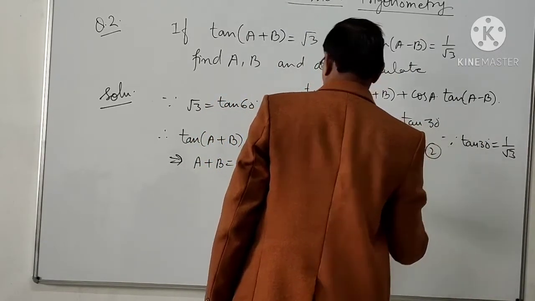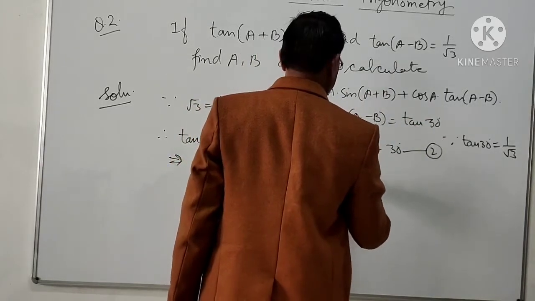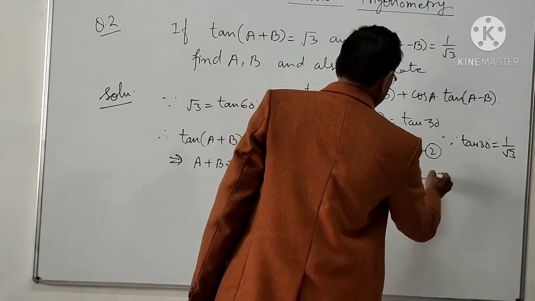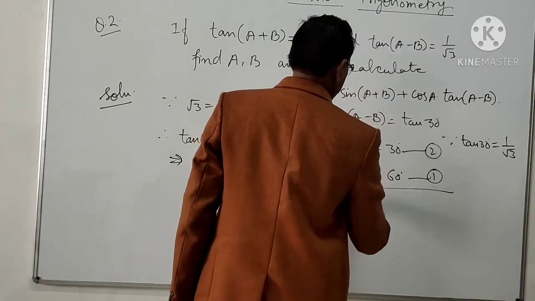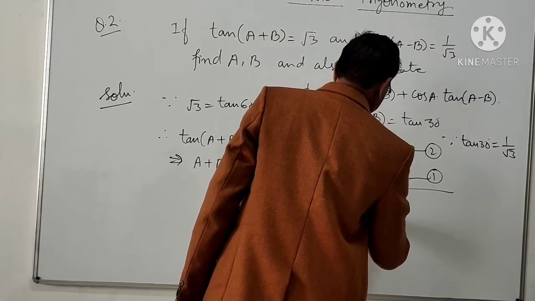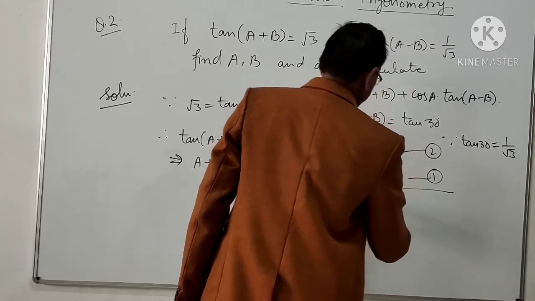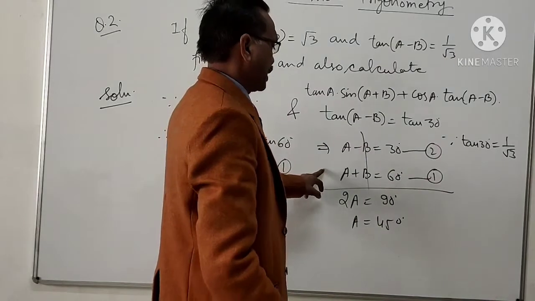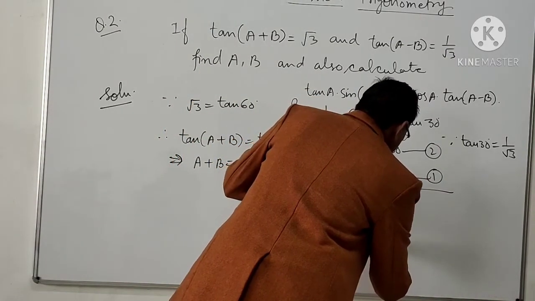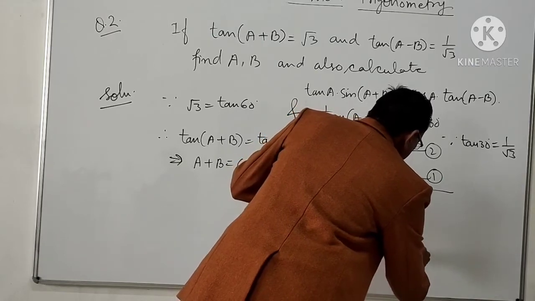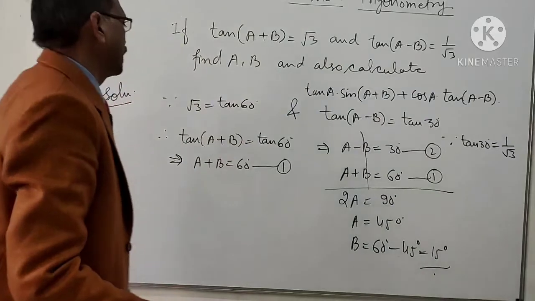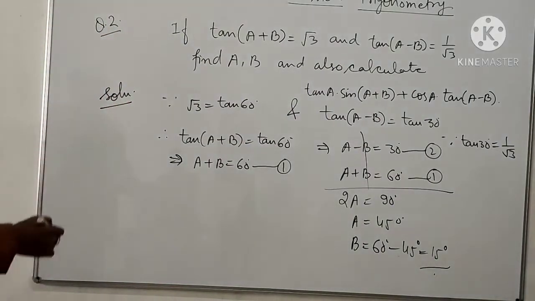Now it is equation 2. Now adding 1 and 2, we will get value of A, it is 45 degree. Then putting the value of A in equation 1, we will get angle B, it is 60 minus 45, or 15 degree. So here we will get A and B.